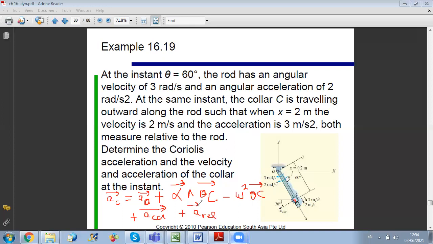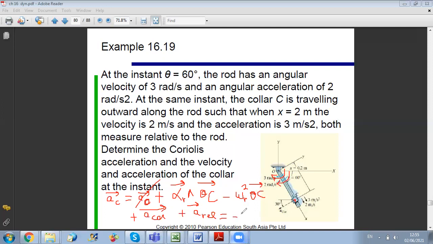Now I will start to replace. O is fixed, so AO is 0. So it's equal to 0 plus alpha of the rod. Of course, alpha and omega are characteristics of the rod, because the rotating frame is attached to the rod, so it will have the same angular velocity and angular acceleration of the rod. So our rotating frame will have omega equal to minus 3k and alpha equal to minus 2k because both are clockwise.